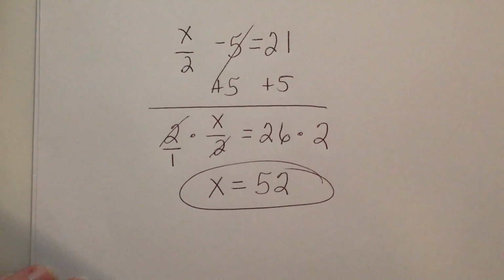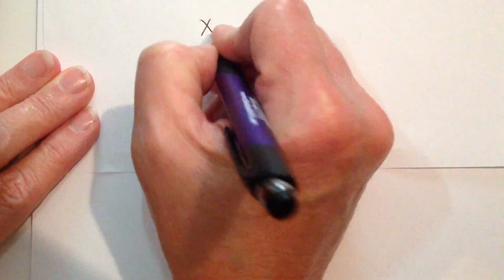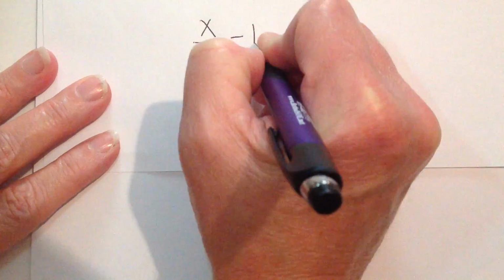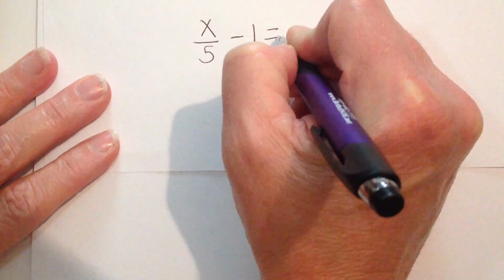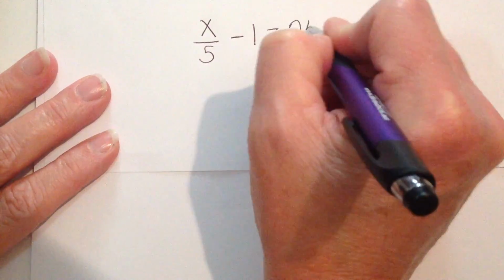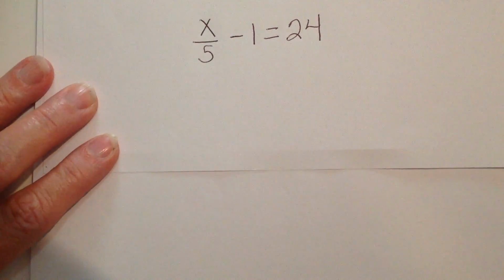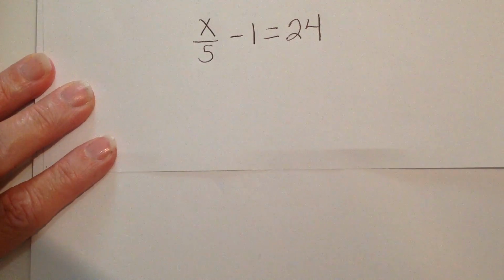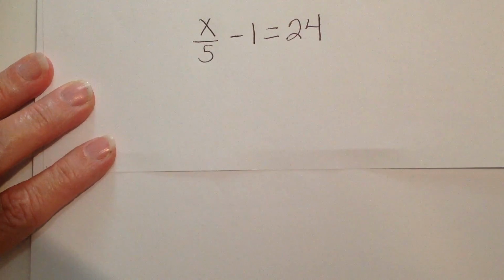I'm going to work one more problem involving fractions. We have x divided by 5 minus 1 equals 24. Now I'm going to take a little different approach with this problem. I've worked one like this before.